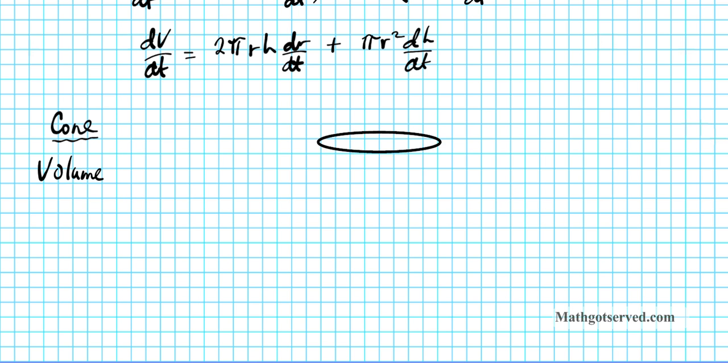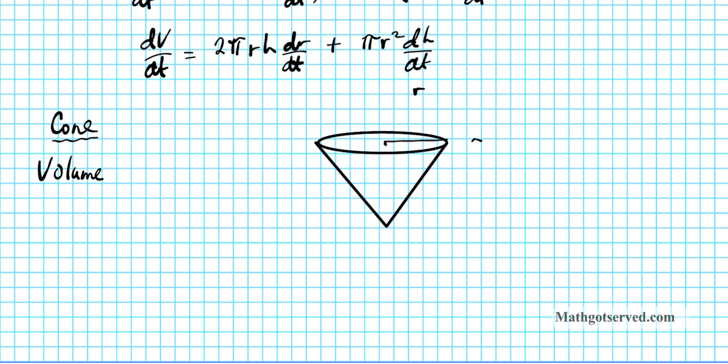Well, let's go ahead and make a real quick sketch of a cone. So let's say it's something like this. All right, let's say it has a radius of r and the height is h. So the radius is r and the height is h.